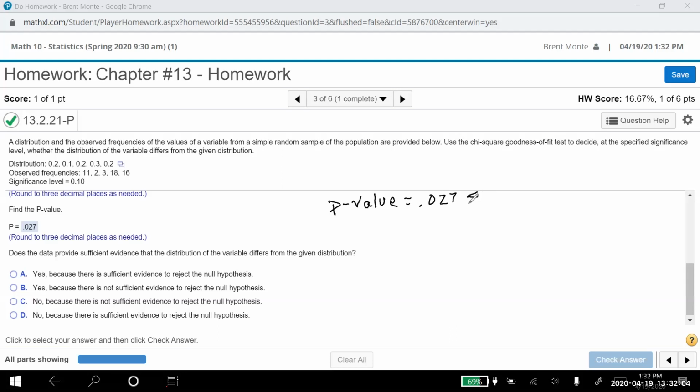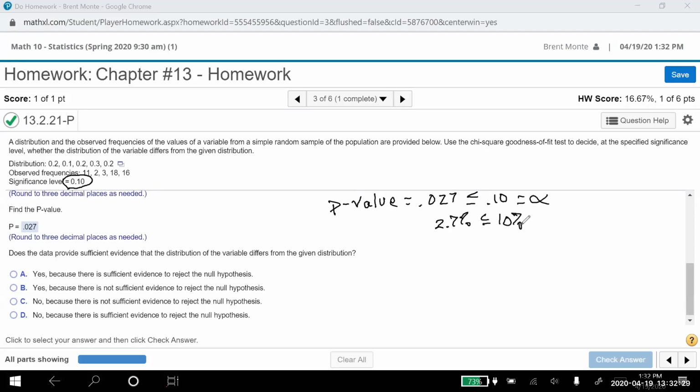We're comparing that to see if it's less than or equal to alpha, which they said someplace. Oh, here it was, 10%, 0.10. That was my alpha. That is less, because notice that's 2.7% and that's 10%.